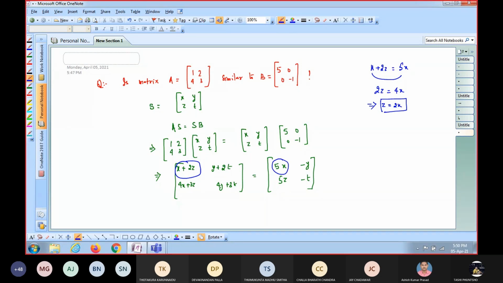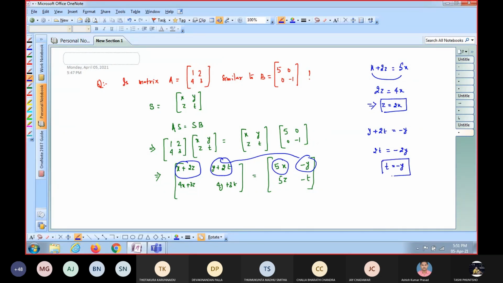And next, y plus 2t should be equal to minus y. So I write y plus 2t is equal to minus y. Right? So I take y to this side, so 2t is equal to minus 2y, and from this I will get t is equal to minus y.